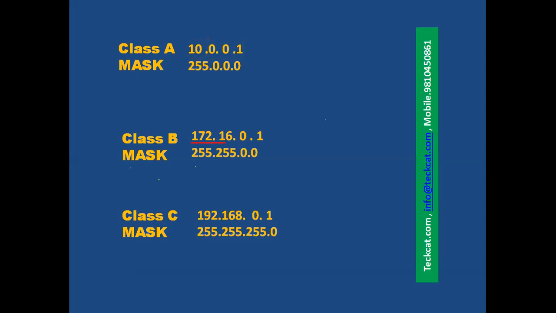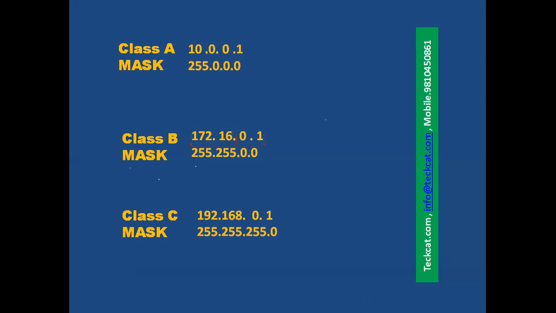Now in class B, 172.16, these 2 portions are called network, and these 2 portions are called host. What the subnet mask is telling your computer, or your router, is that this portion of the IP address is network and this portion is host.